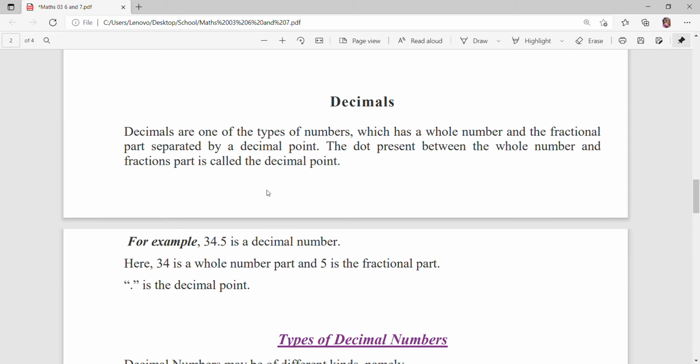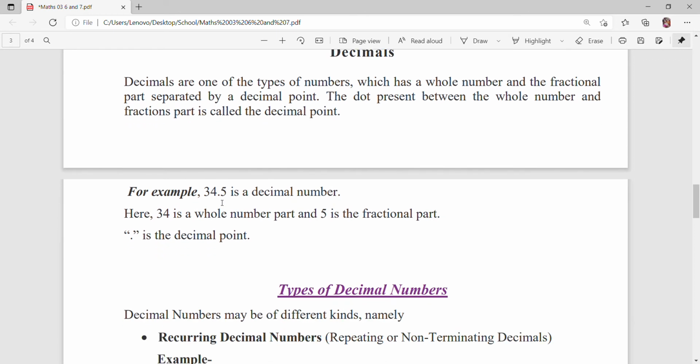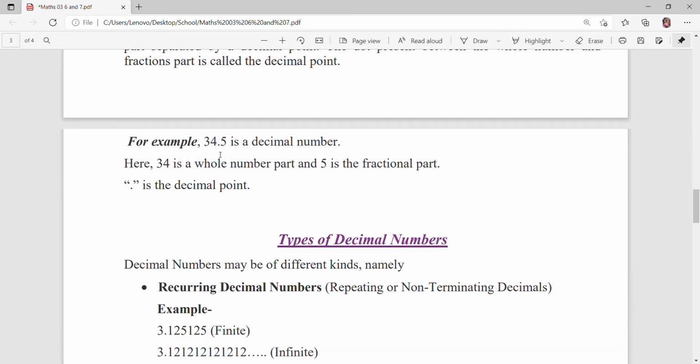Let us see one example. 34.5 is a decimal number.